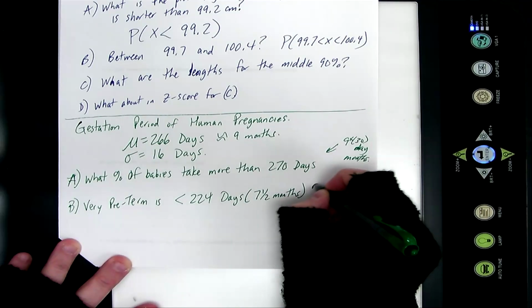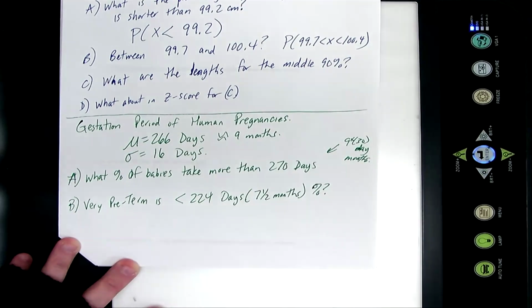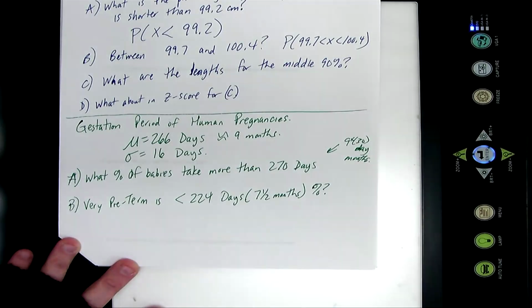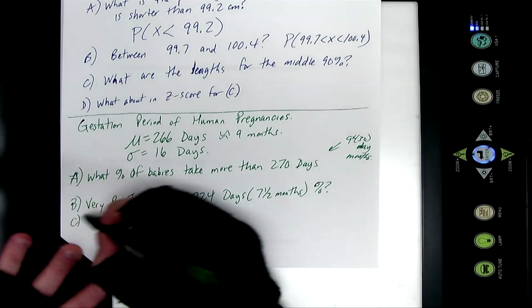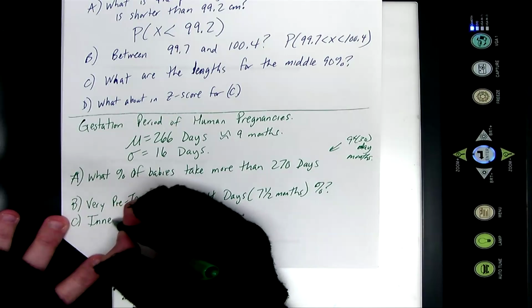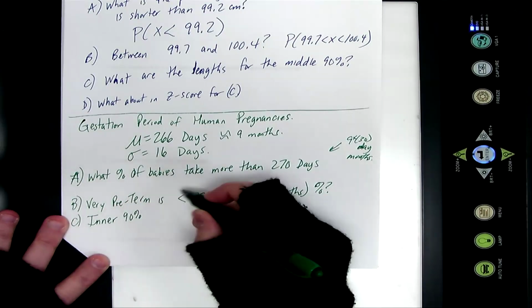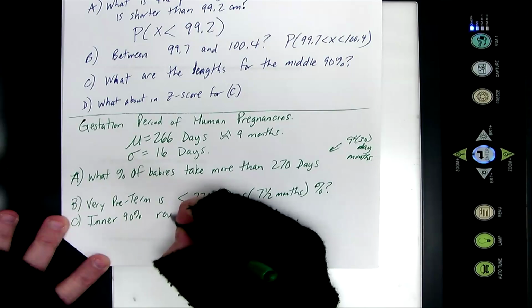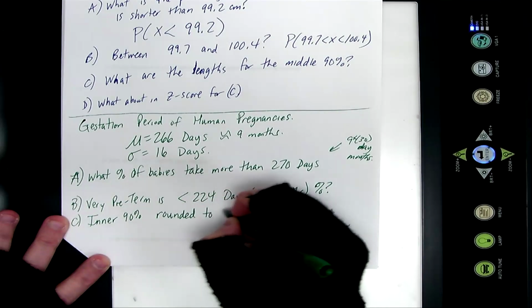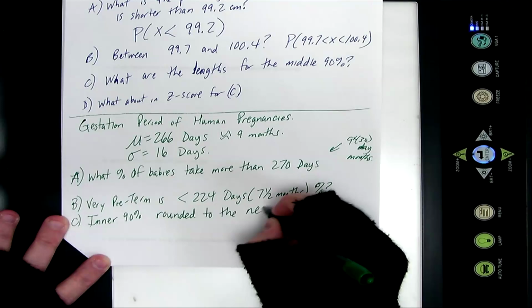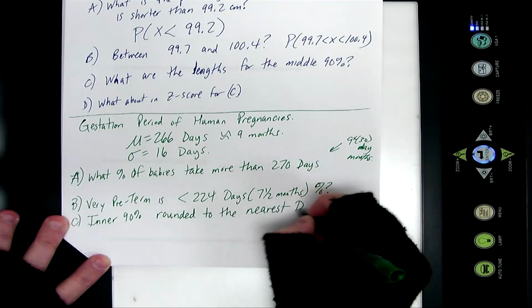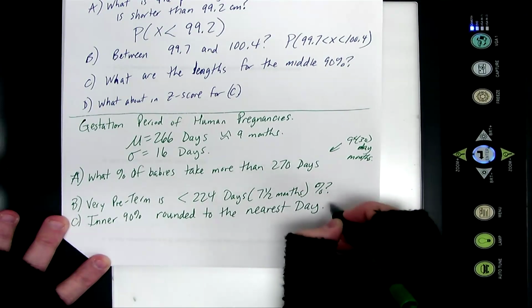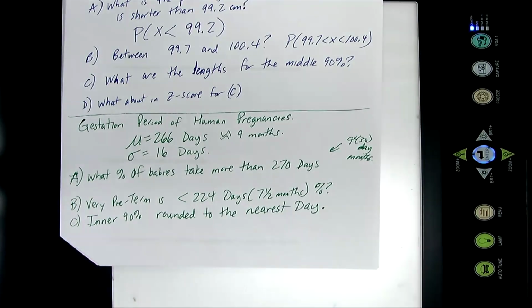What's the percentage there? And then let's do the inner 90%, rounded to the nearest day. That last one's a little trickier than all the rest.